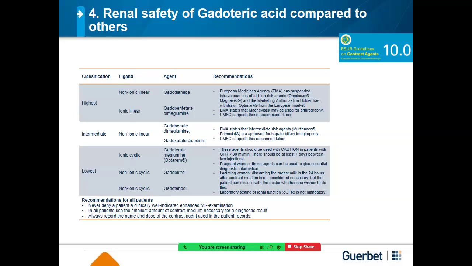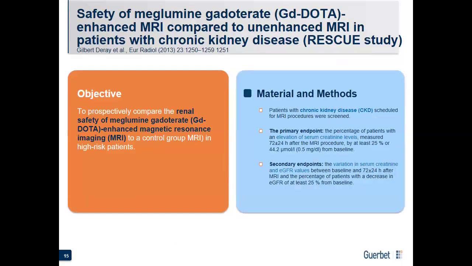In our study, a 3-month follow-up was also done, and gadolinium acid was not responsible for any contrast-induced nephropathy. In the study I was talking about, they looked at how much the serum creatinine rose over a period of 72 hours, which was 25% with the per-protocol analysis, and they analyzed eGFR values as well in both control groups, without contrast and with contrast.